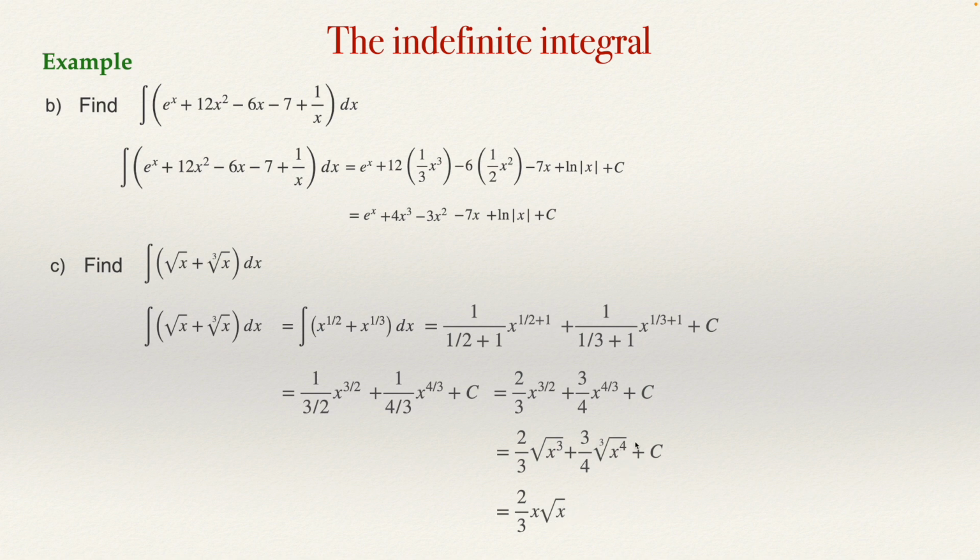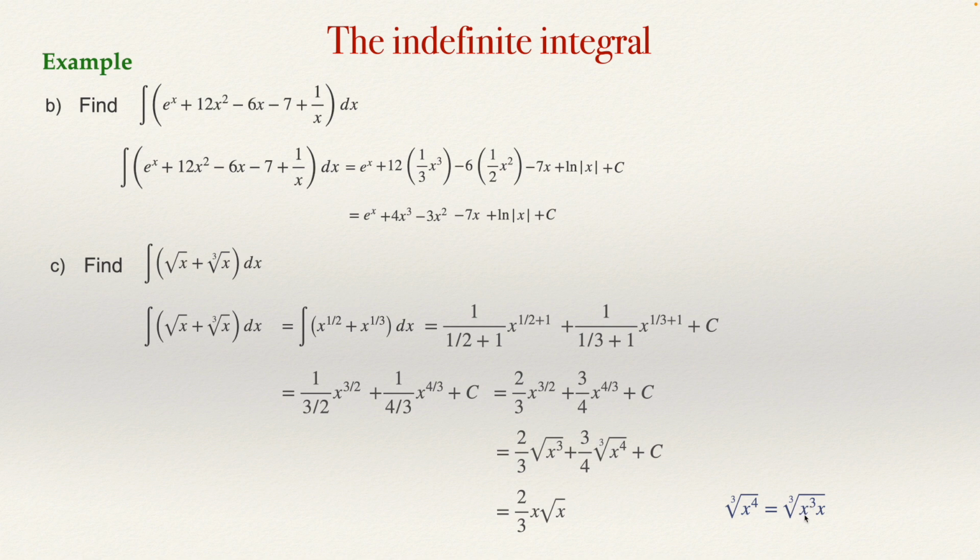You can do the same here. You see that here we have x to the power 4. This 4 is bigger than this 3. So you can type that x to the power 4 will be x to the power 3 multiplied by x. So this expression can be written in this way, x to the power 3 multiplied by x. And this x to the power 3 has a cubic root.